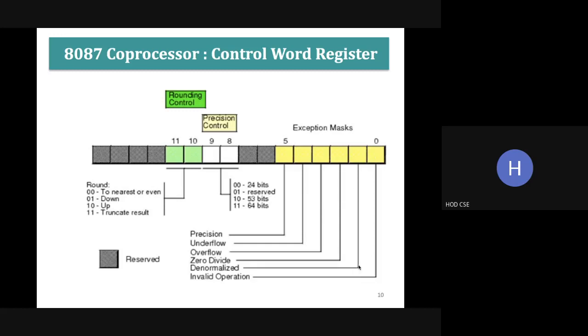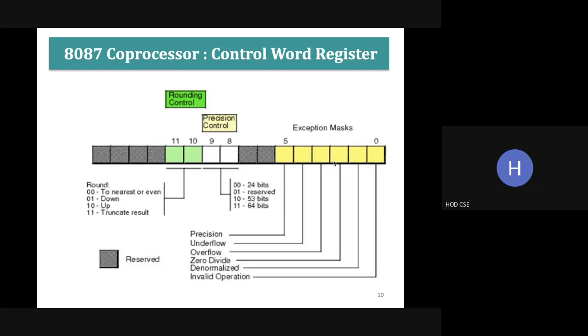Let us take denormalized operand. If I put 1 here, it won't accept any error under denormalized operand. Like this, if I put 1 in the divide by 0 bit, a divide by 0 error will not be accepted. If I put 0, it will be accepted.